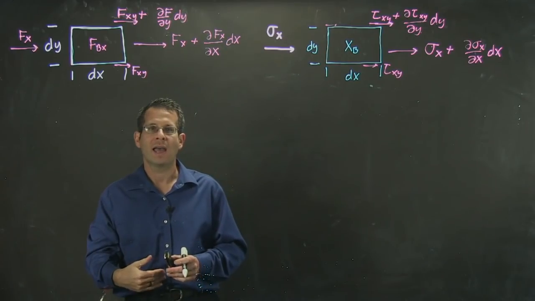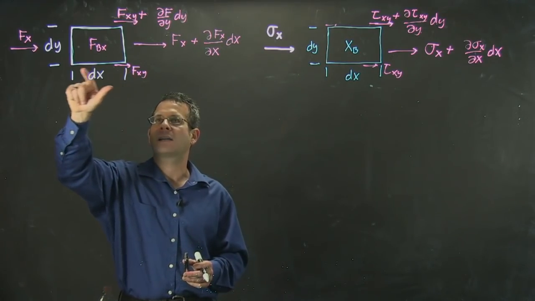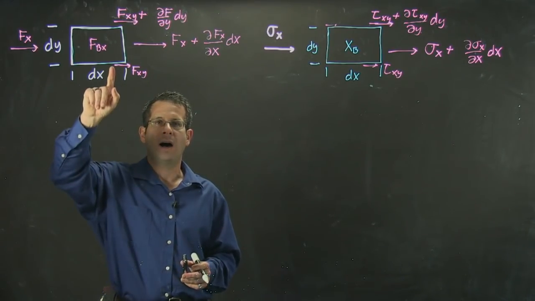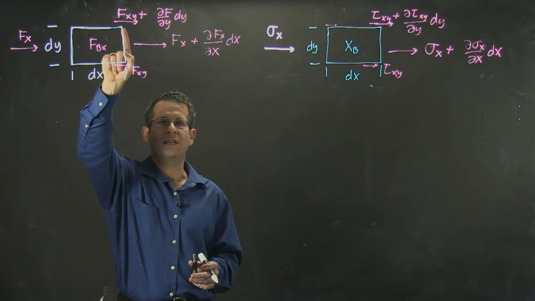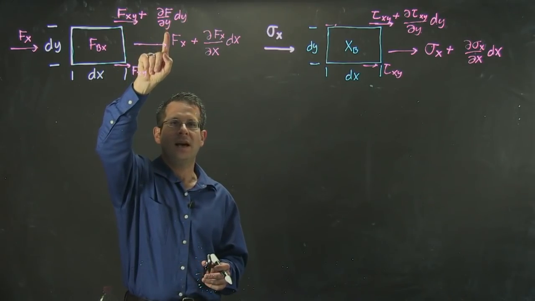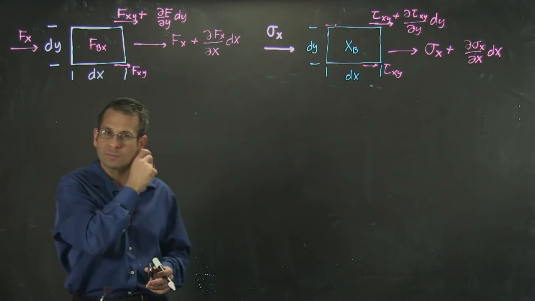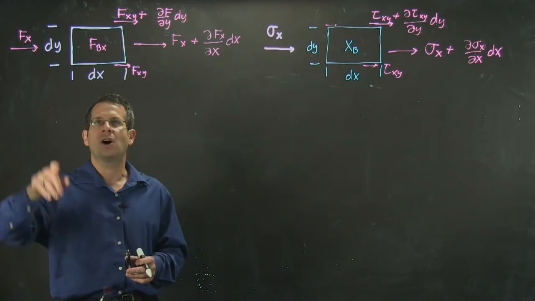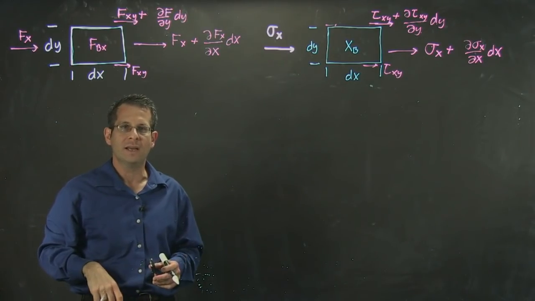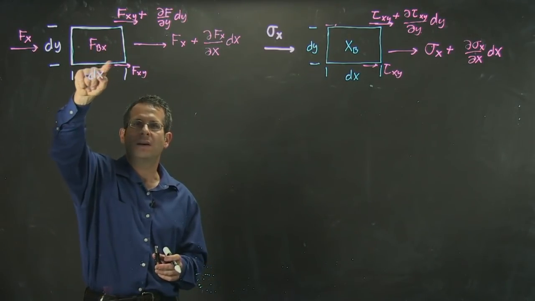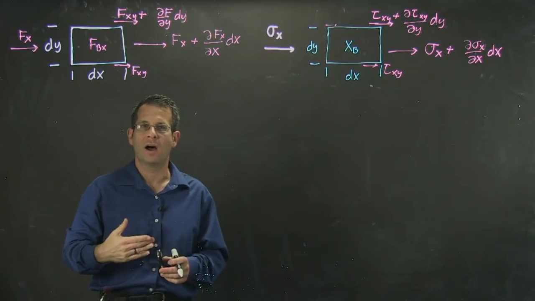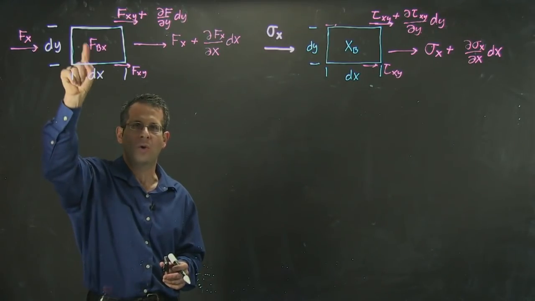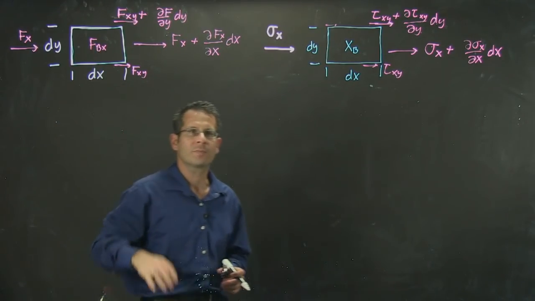There's also a shear force acting along this face, Fxy, and the force along this face is simply Fxy plus dFxy/dy times dy, the distance in this direction. There's also a body force. This could be the weight of this cube, or it could be some other force acting throughout the volume of the cube. And since this cube's small, we'll assume this force is more or less constant.